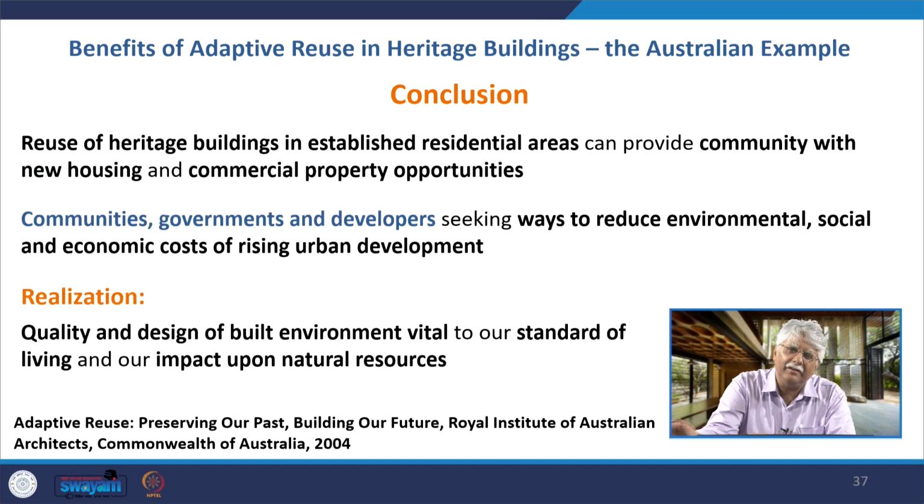Reuse of heritage buildings in established residential areas can provide the community with new housing and commercial property opportunities while keeping urban sprawl restricted. Communities, governments and developers seek ways to reduce environmental, social and economic costs of rising urban development in an entirely sustainable process.